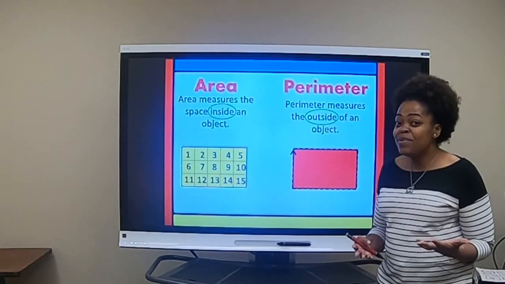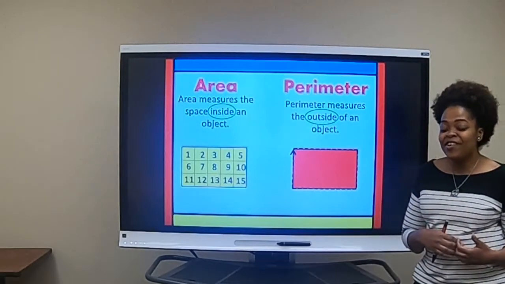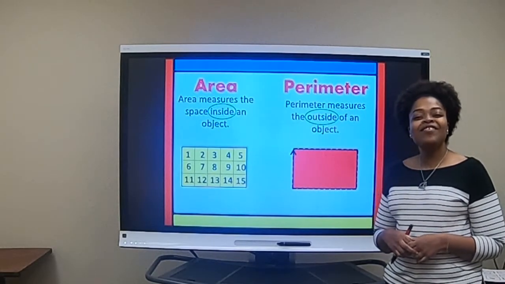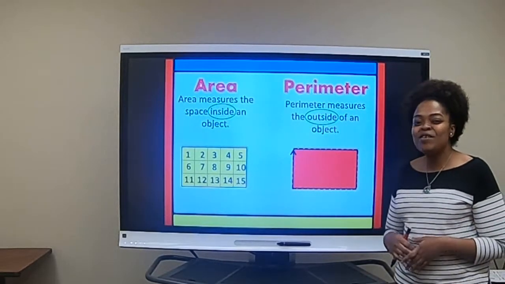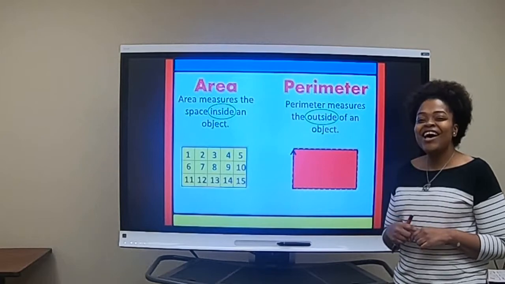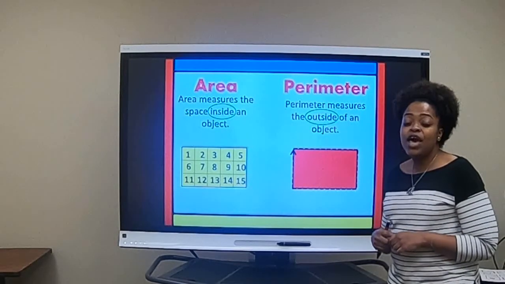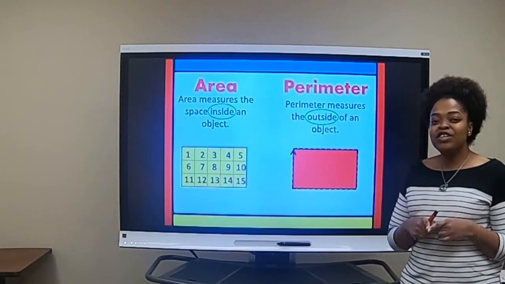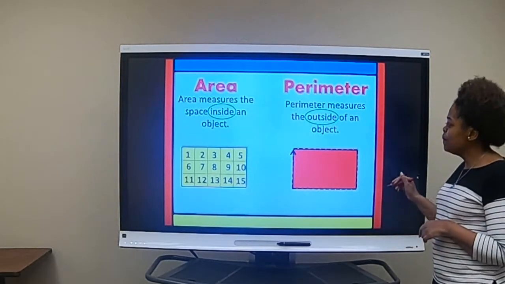So can you tell me the difference between area and perimeter? Right. The area measures the inside of a shape or an object, and the perimeter measures the outside of a shape or an object.